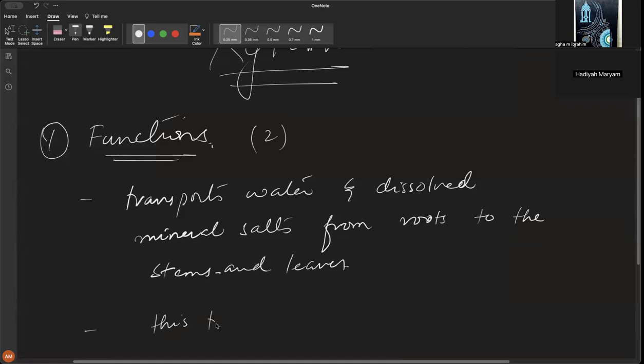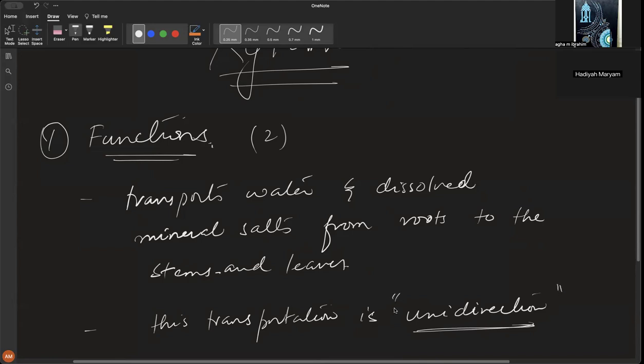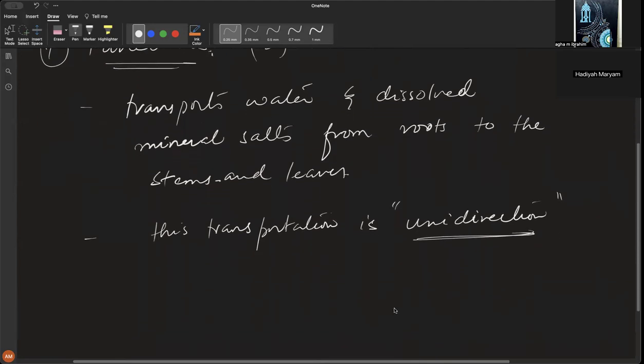This transportation is unidirectional, something that is of immense importance. Unidirectional. You will be asked about this a lot. It can only travel, which means only move, one way. Can only move in one direction.